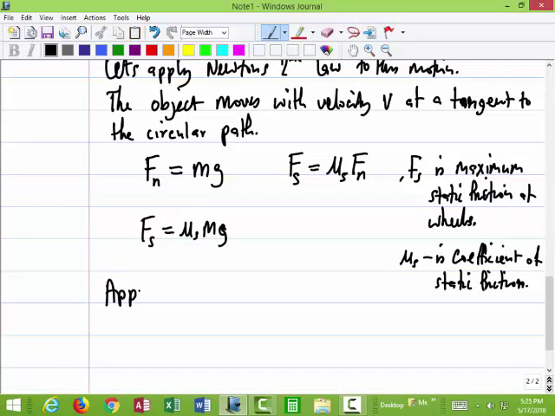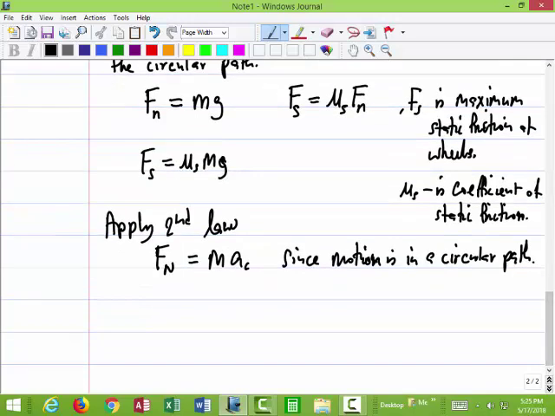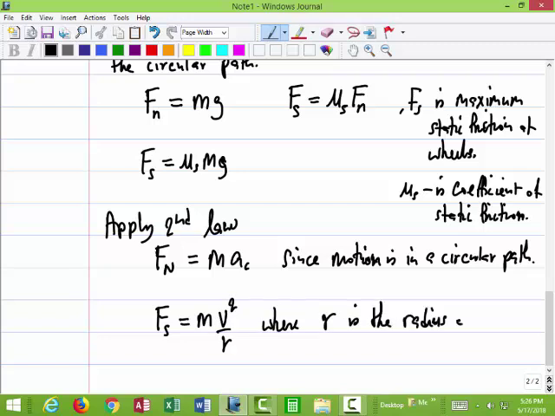Now apply the second law. The net force is equal to the mass times the centripetal acceleration, since the vehicle is moving in a circular path. The external force present is the static frictional force, and that should be equal to mv squared over r, where r is the radius of the circular track.